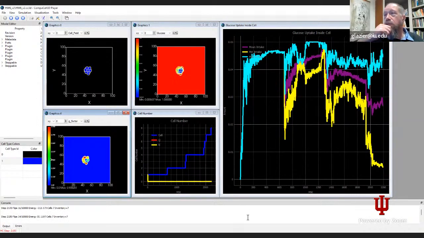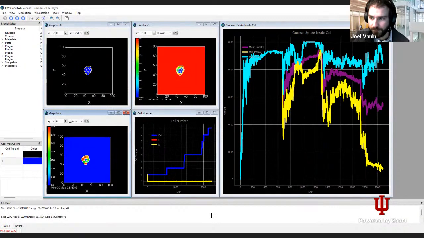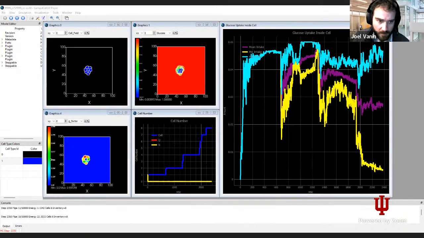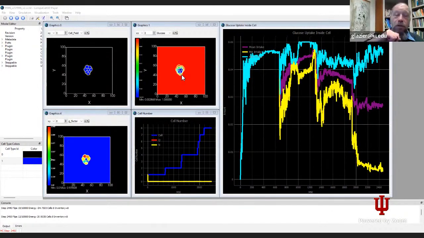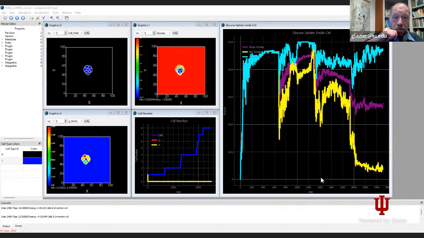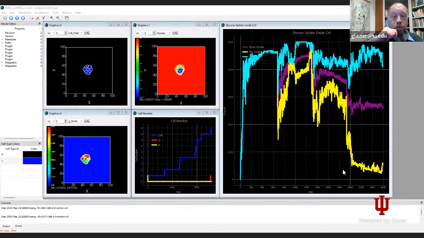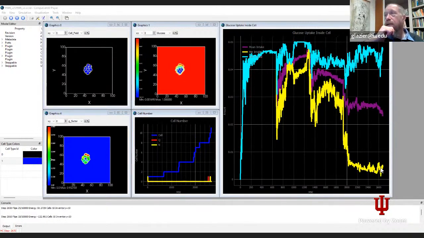That looks fine. Let's let it run a little bit. Yeah, I like the way you did that plot on the right. So the plot on the right is telling you that the cells in the middle are having very low uptake, and the cells at the surface are having a higher uptake.